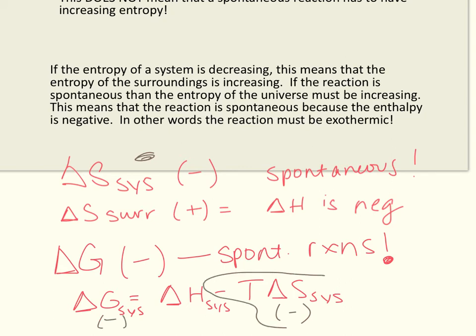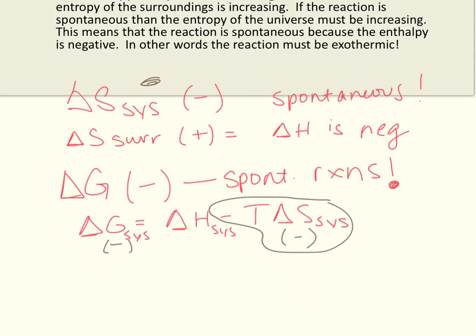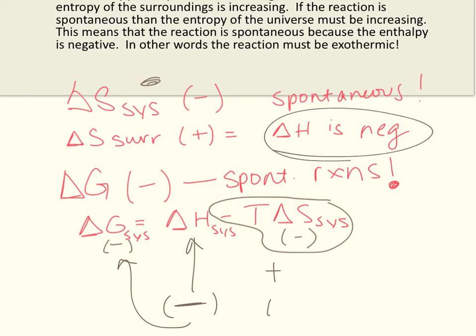So then this part becomes positive. And if that part is positive, then this has to be negative in order to give us a negative delta G. So that also says that delta H is negative, or the reaction is exothermic. That's what a negative delta G means.